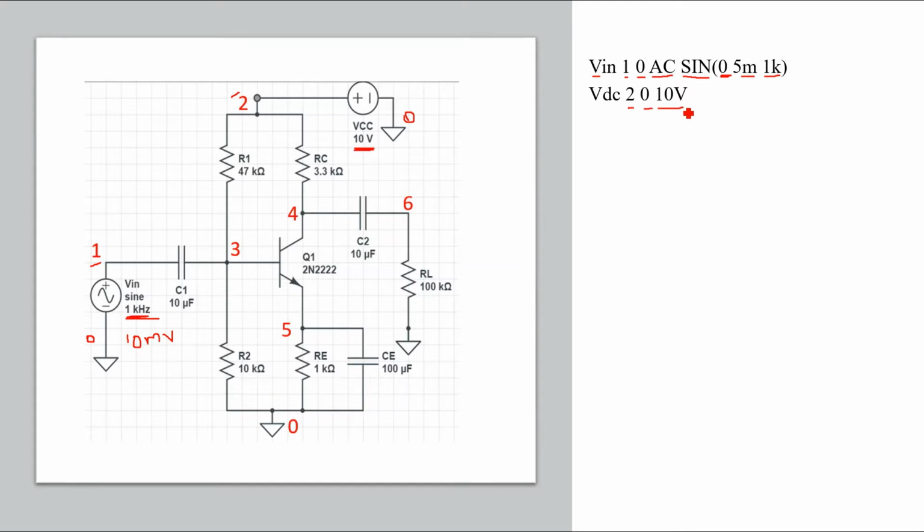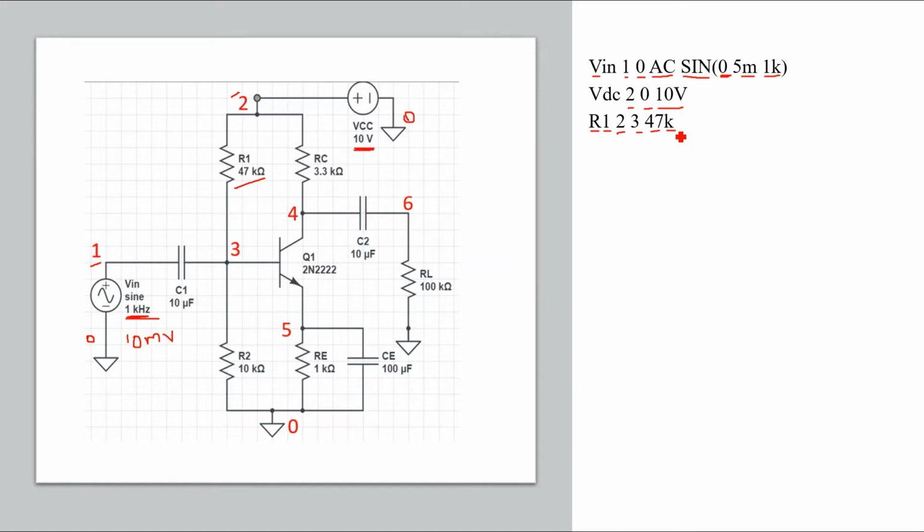Next, we will consider the resistor R1. Capital R indicates that it is a resistor. So capital R for resistance, and the notation for the first resistance we are talking about. It is between node 2 and 3 of value 47K.